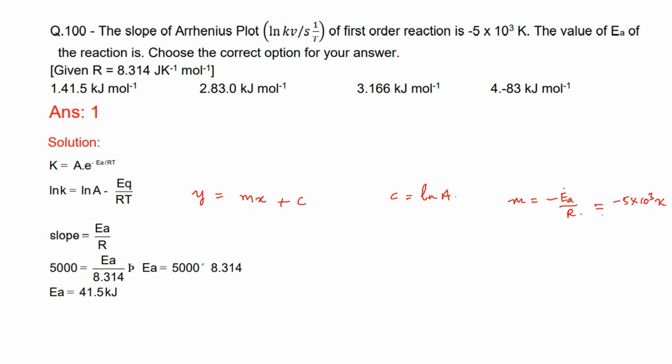Based on that, you can calculate it. So now the Ea value you can easily calculate from it. So 41.5 kilojoules, that is the answer we are getting. So that is there in option 1, right? So for the 100th question, option 1 is the right answer.